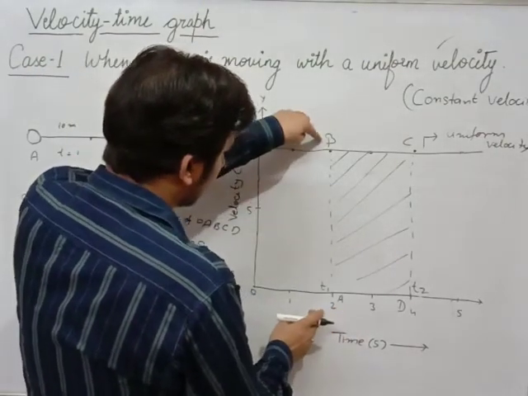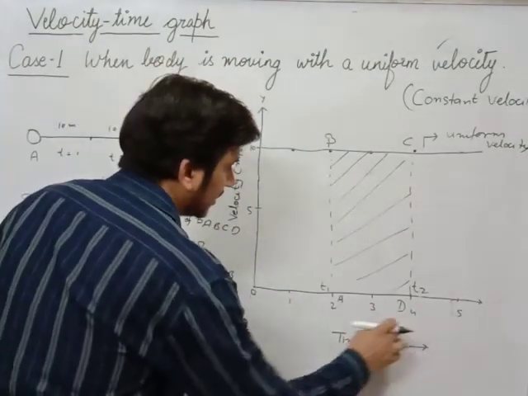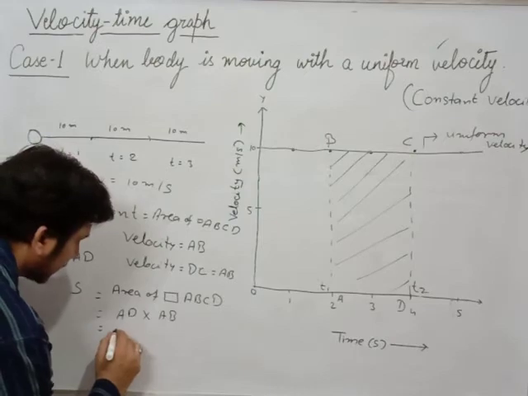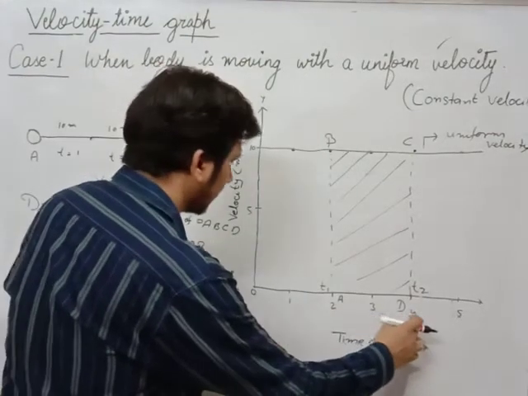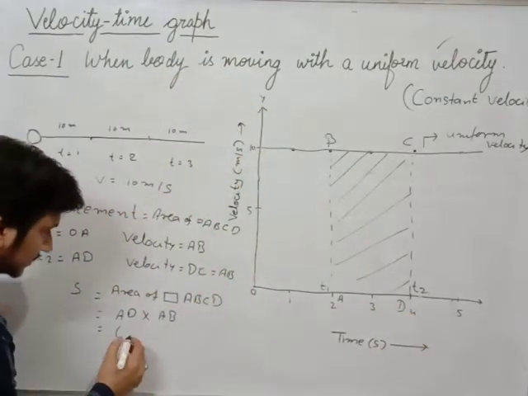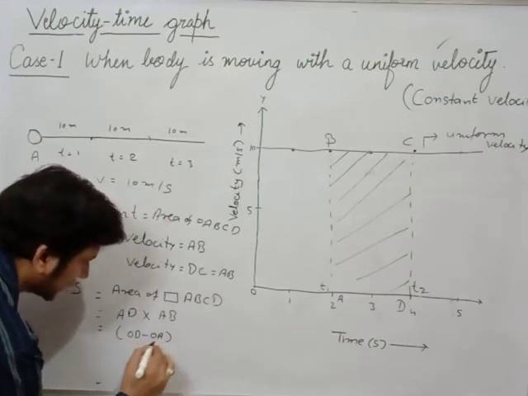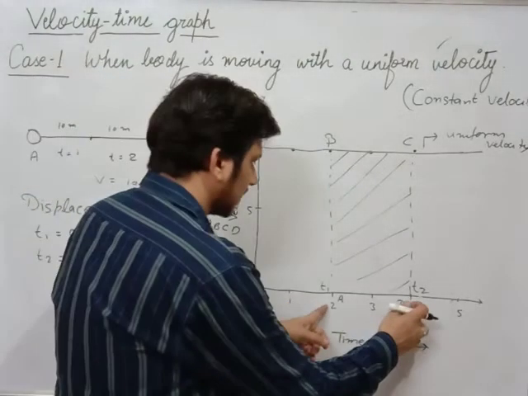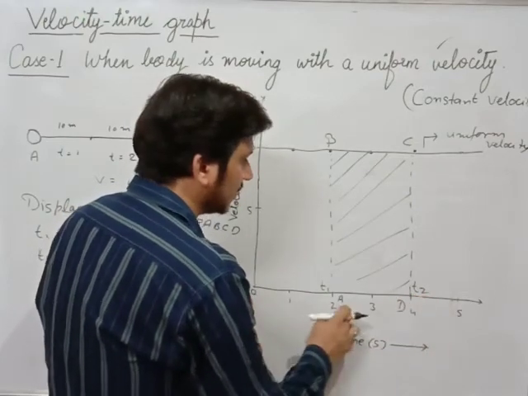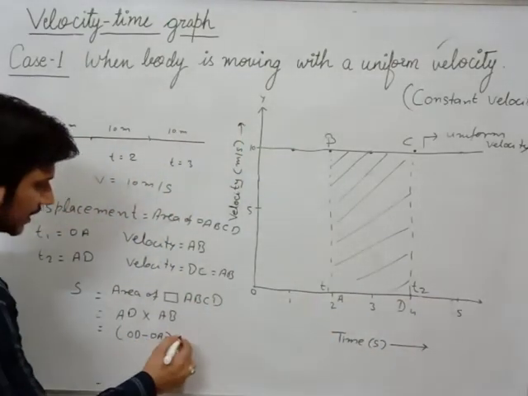AD equals OD minus OA, so it is (OD minus OA) into AB.